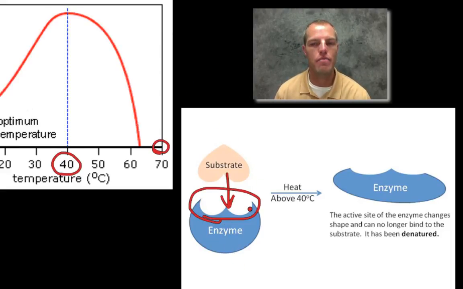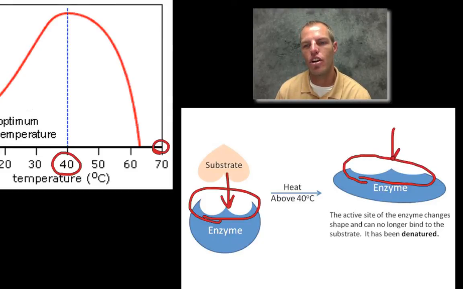Now as we go above 40 and that enzyme starts to denature, what happens is this active site changes. And because it changes, that substrate can no longer attach at that site. It renders that enzyme useless. And so when an enzyme denatures, it no longer functions anymore.